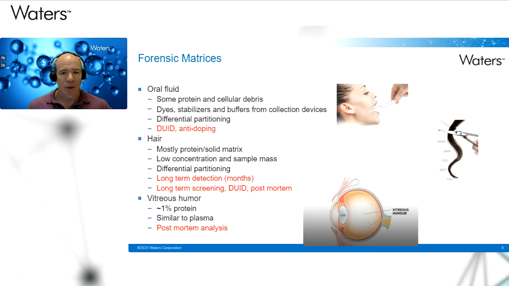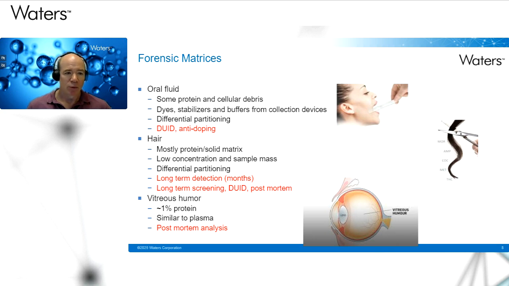Hair is another increasingly popular matrix because of its ease of collection and the lack of privacy issues. However, unlike the other matrices, it's mostly protein and solid matrix. They often have a low concentration in sample mass. Again, like saliva, there is some differential partitioning, which needs to be considered during interpretation.